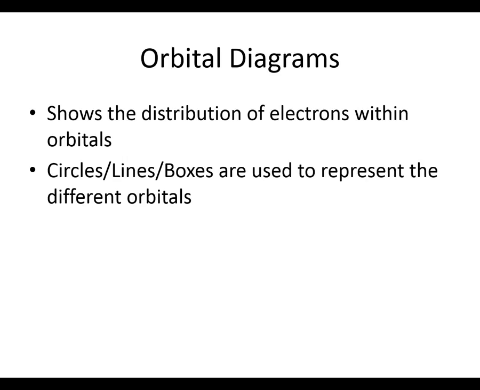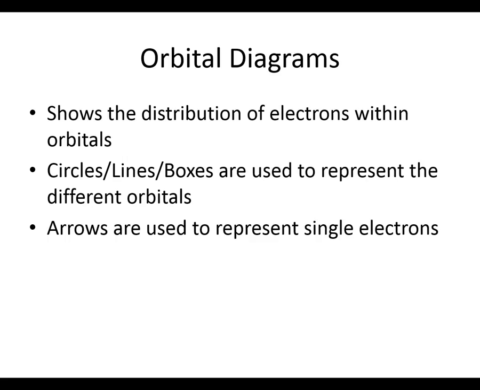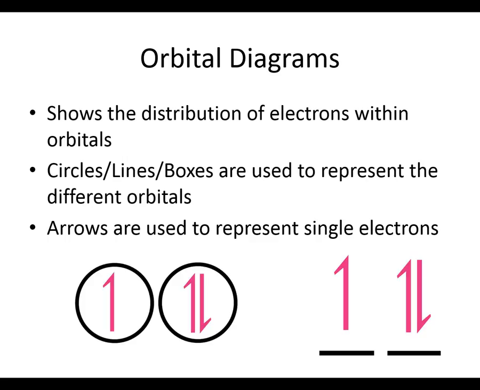But you will always see arrows to represent electrons. Got these circles that have some arrows in them. We got these lines here with some arrows above them. Sometimes you'll see boxes with arrows inside of them. They're all showing the same thing. Okay? So putting together some combination of these things is how we make an orbital diagram.